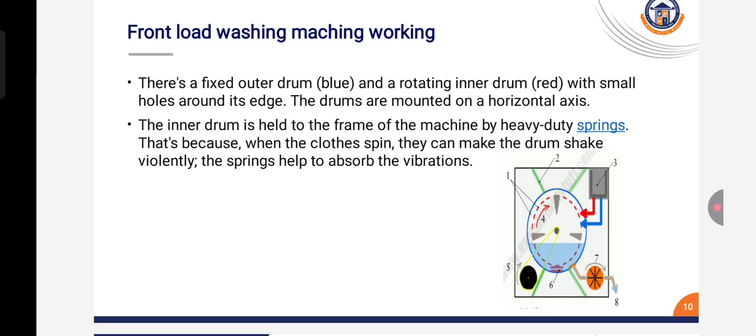In a front load washing machine, there is a fixed outer drum and a rotating inner drum with small holes around its edge. The drums are mounted on a horizontal axis. The inner drum is held to the frame of the machine by heavy duty springs.